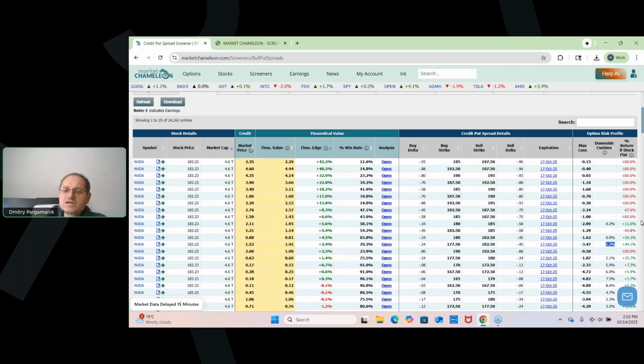And for convenience, this over here tells us the return if the stock is flat. So let's say the stock does sit here at 183.23.